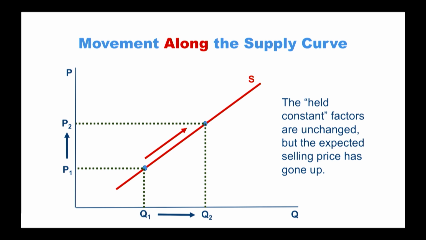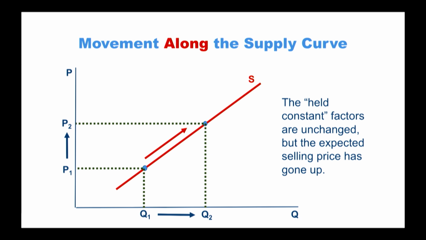This type of analysis depends on maintaining the assumption that all the factors that were held constant to draw that supply curve remain unchanged, and the only thing changing is the price. The supply curve is a relationship between the price and the quantity, so if everything else remains the same and only the price changes, you're moving along the curve.